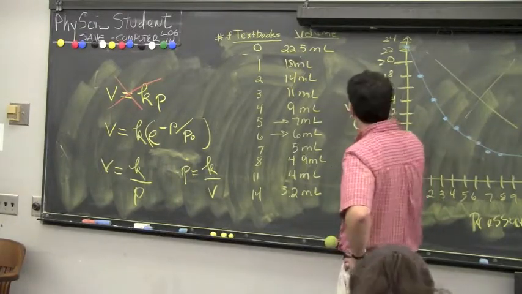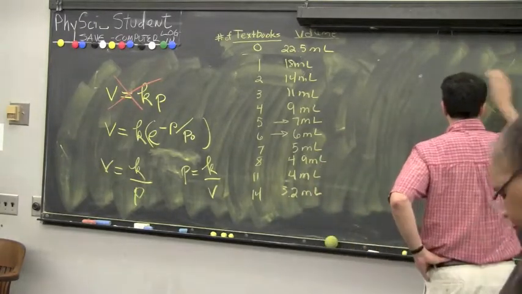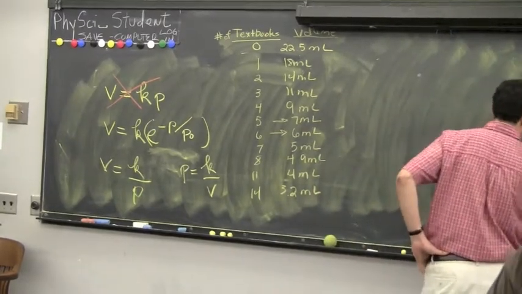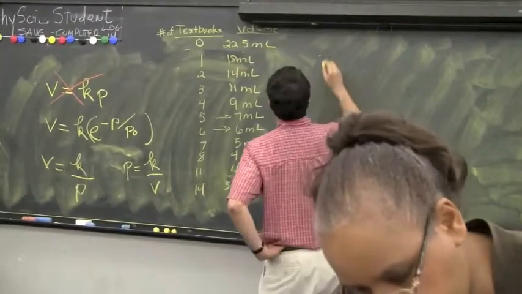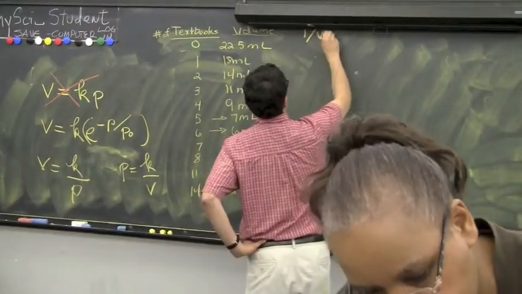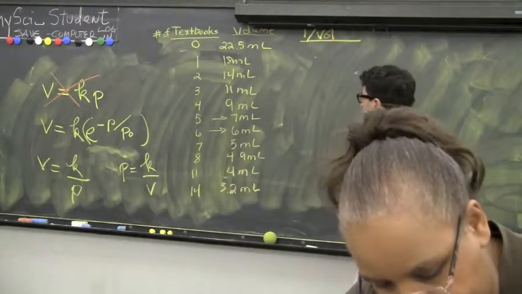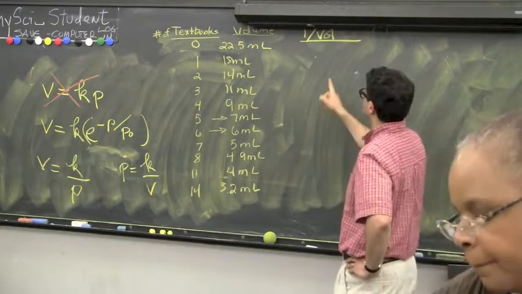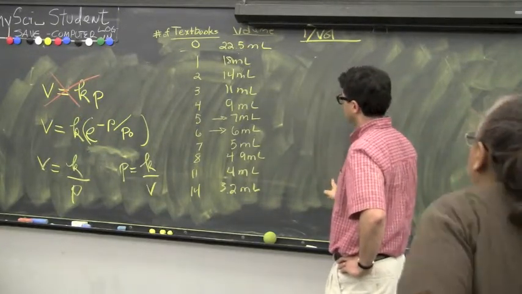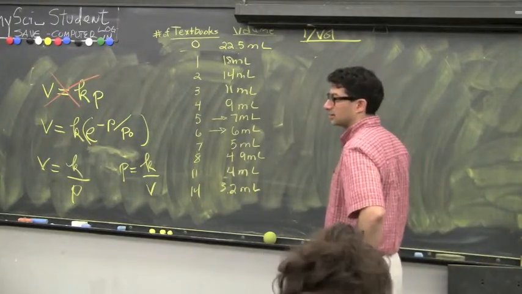Everybody got this? I need to make a new column, the inverse of V, which is going to be 1 over volume. And then you've got to do a little bit of a calculator function. Okay, the inverse of the volumes? Yep.